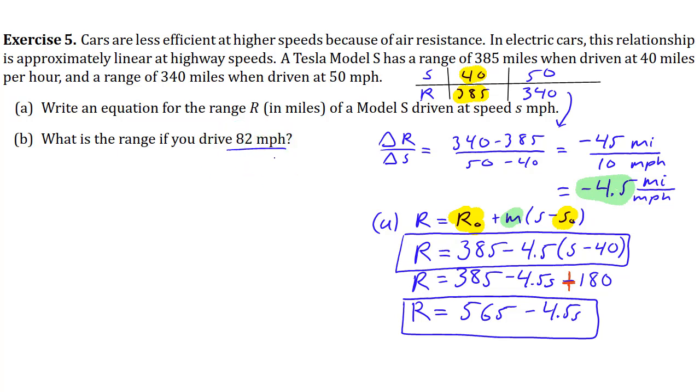Okay, now what is the range if you drive 82 miles per hour? So for part B, I'll do that one over here. We want to know what R is, so I'm leaving that as a variable, but I'm plugging in this value of S that they give, which is 82. Let's do that with a calculator really quick.